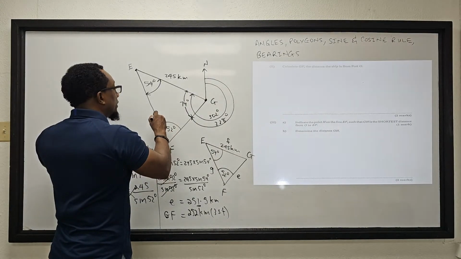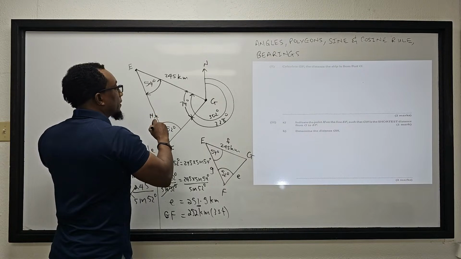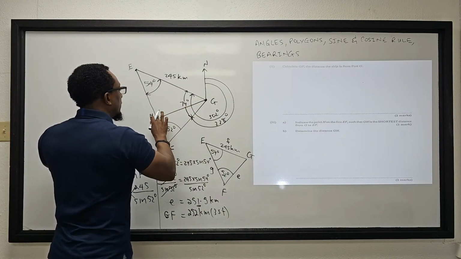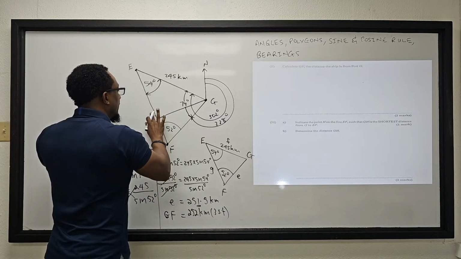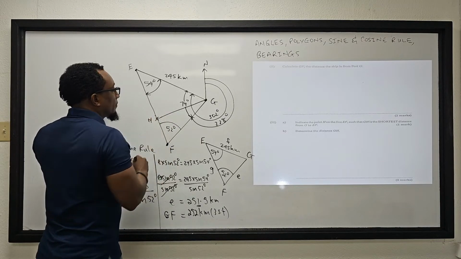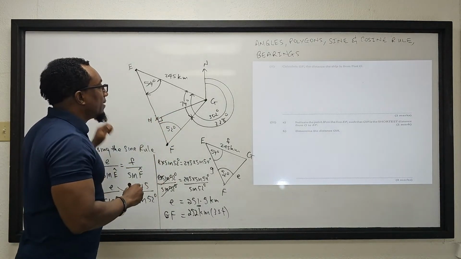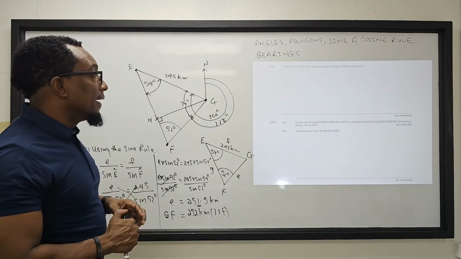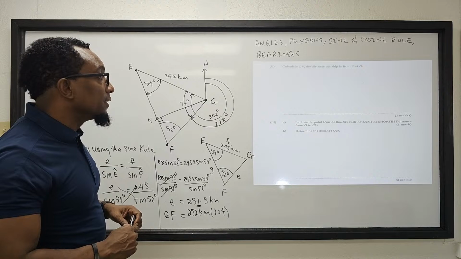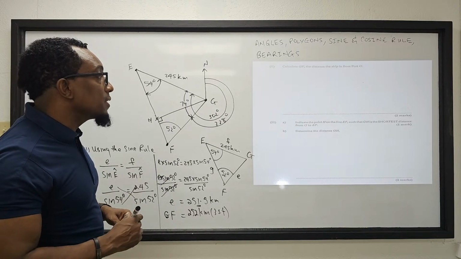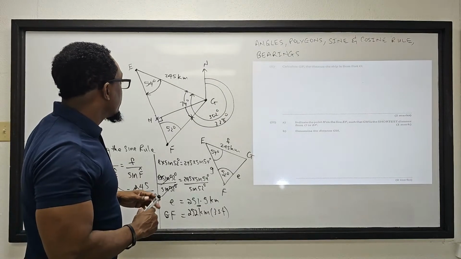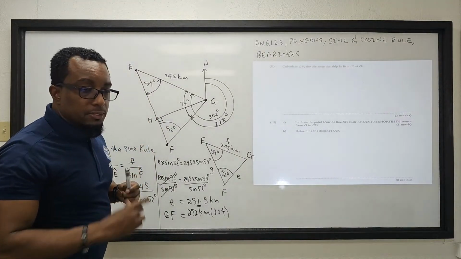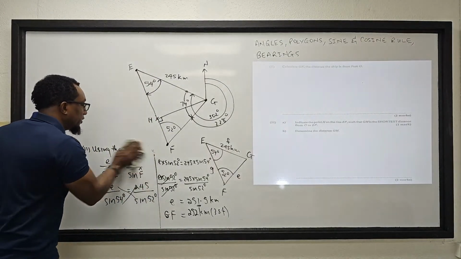If I place H here and draw a line from G to H, then what I'll have here is a right angle triangle, and that will help me to find the length of GH, the shortest distance from G to EF. Alright? Creating this right angle triangle will in turn help me to find GH.